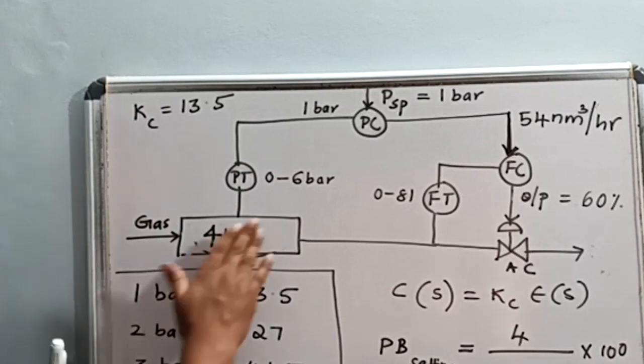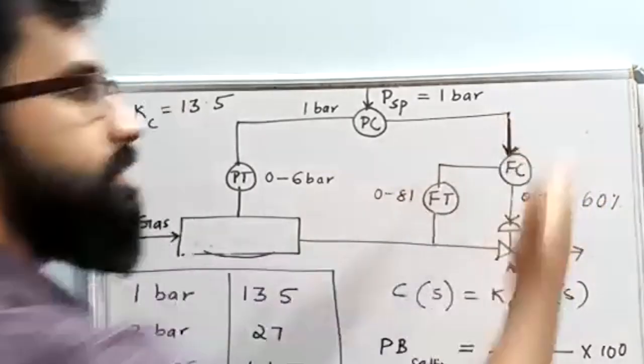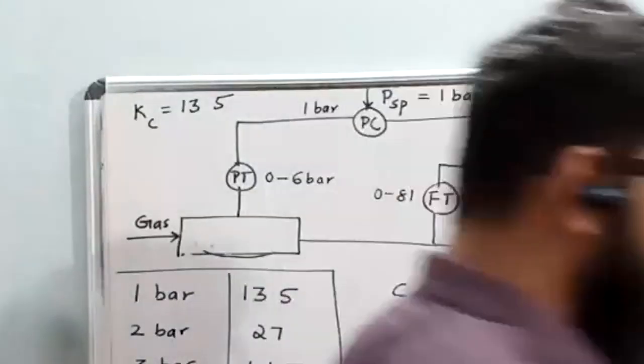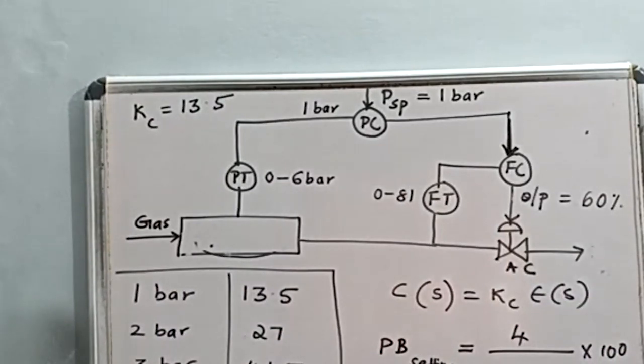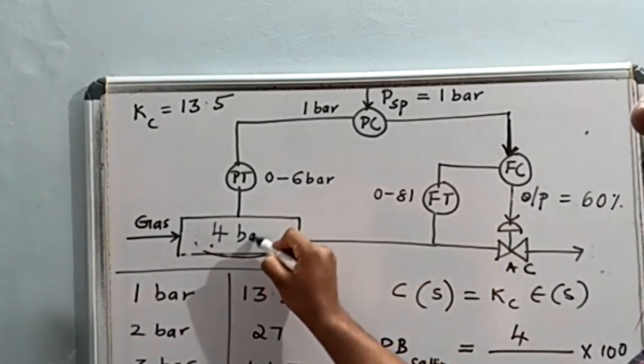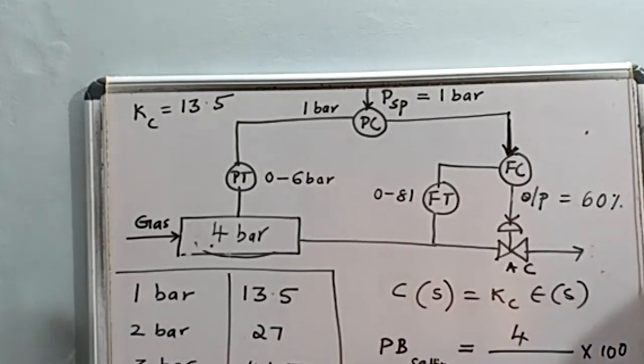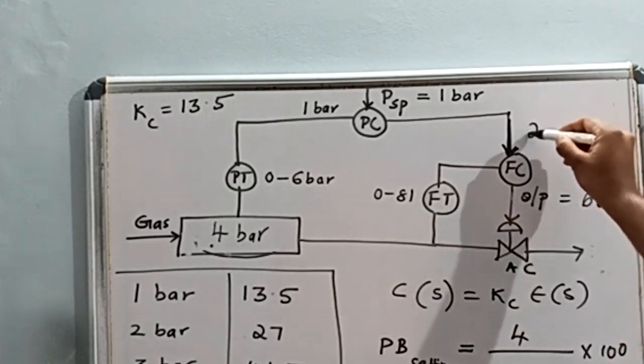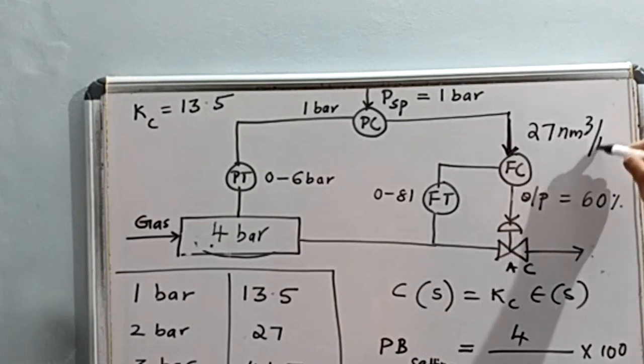In the question, they will change the question like this. They were asking, given that the actual tank pressure is 4 bar and a proportional controller employed for pressure control, what is the proportional band setting for a pressure controller to obtain a set point equal to 27 Nm cube per hour?